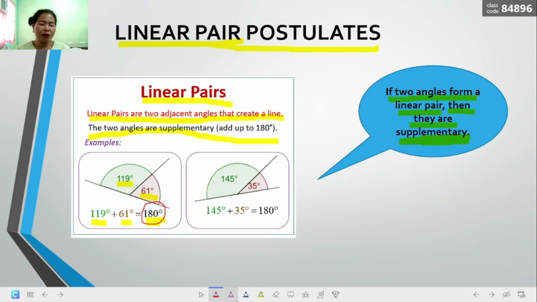Then another example, we have 145 degrees and 35 degrees. If we add 145 and 35, that will give you 180 degrees. So therefore, 145 degrees and 35 degrees are considered to be a linear pair. So I hope I am understood in that linear pair. Let's proceed.